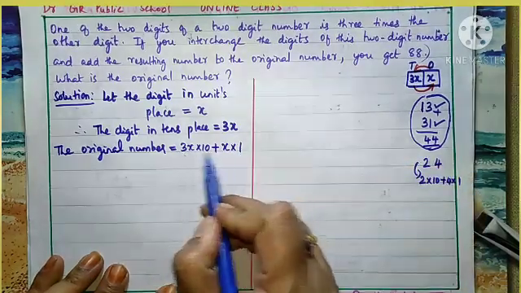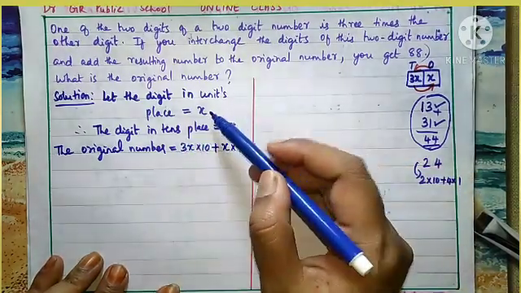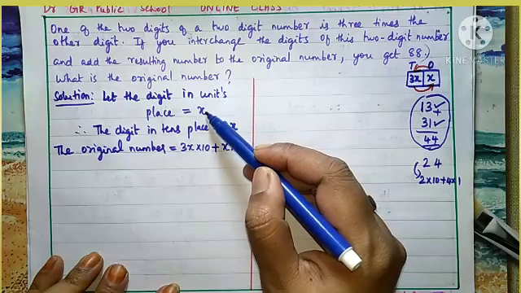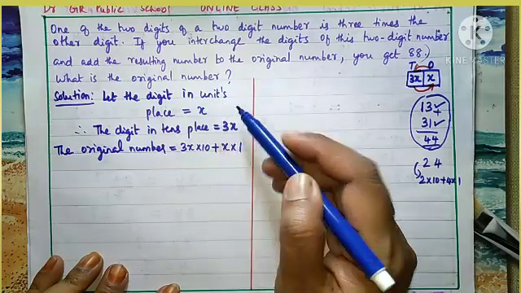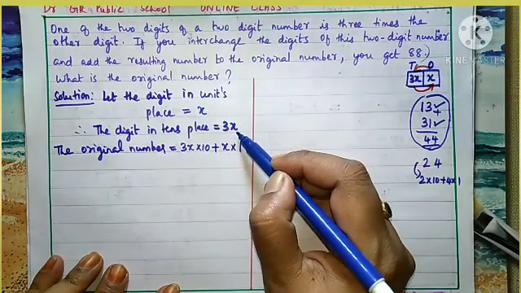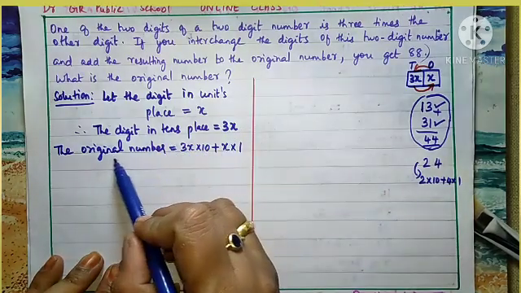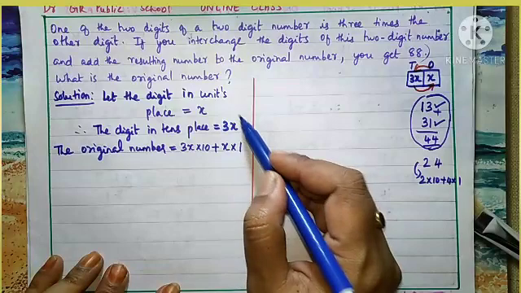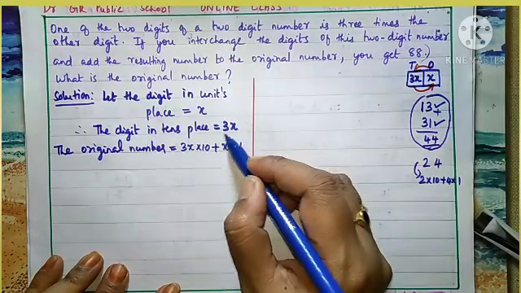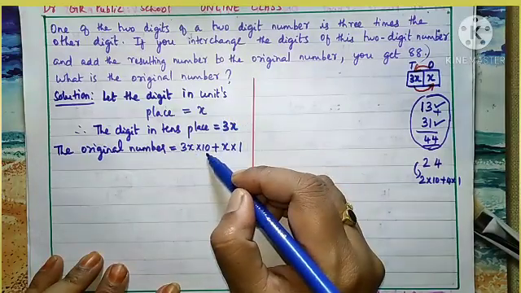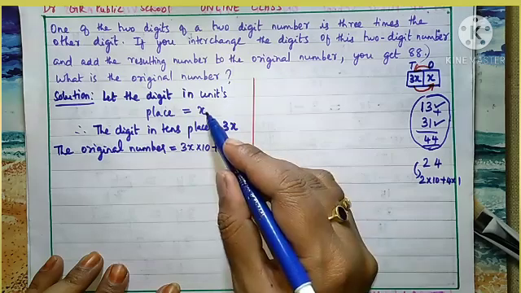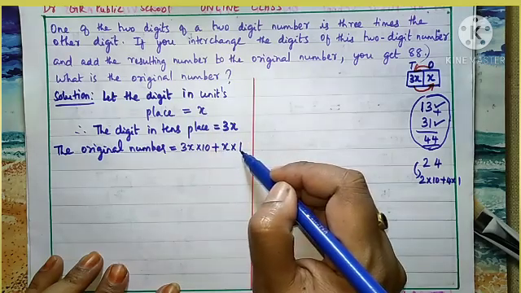What is the meaning of this? We have taken the ones place digit as x and the tens place digit as 3x. Now we want the original number, so we find the value: 3x into 10 for the tens place, plus x into 1 for the ones place.